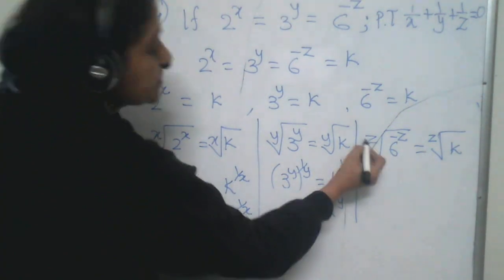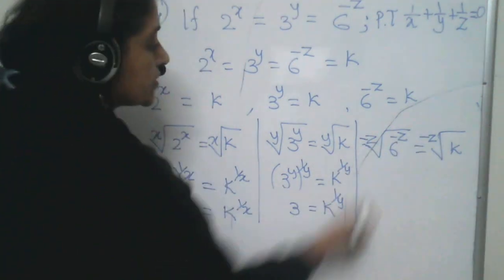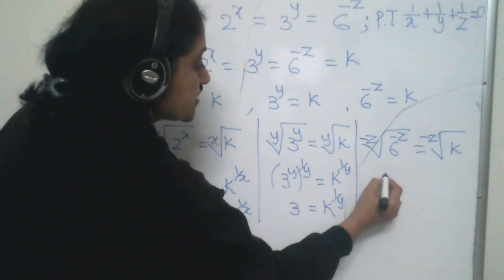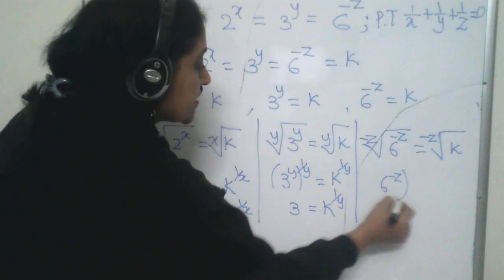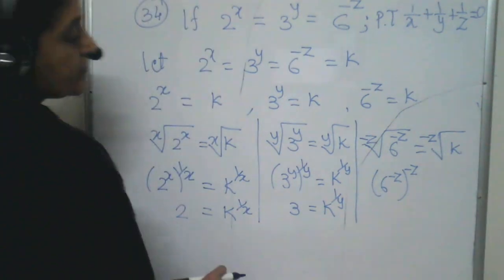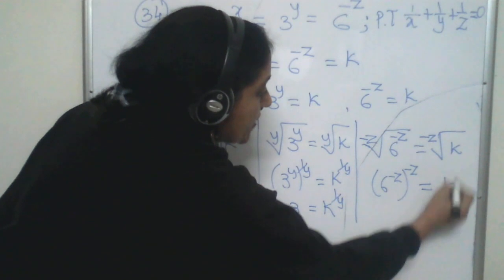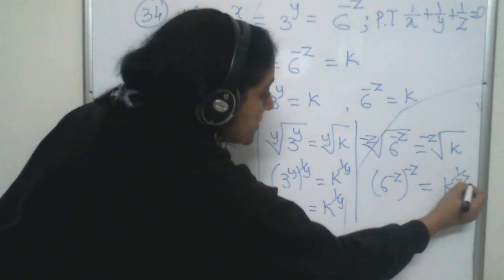Okay, or this one can be taken as negative so that it will get cancelled. So here it will be 6 to the power minus z to the power minus z. So both of them will get cancelled. K to the power 1 by minus z.